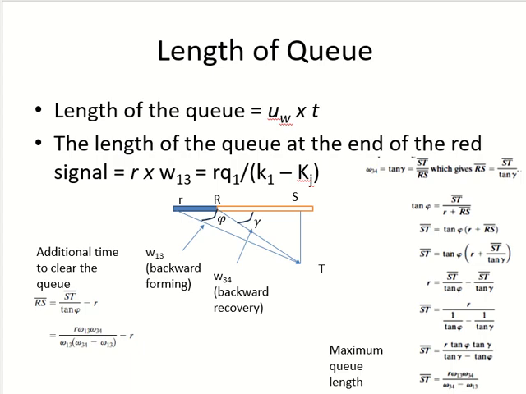And then we have RS and ST. What is ST? Length of the queue. What is RS? Yes, it's a base in a triangle, but what is it?